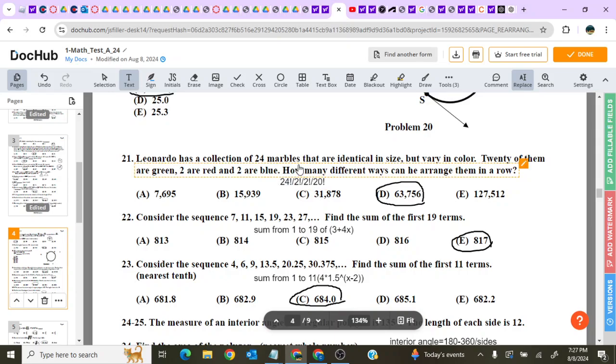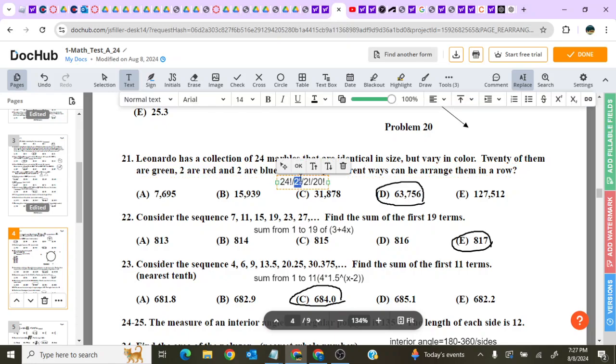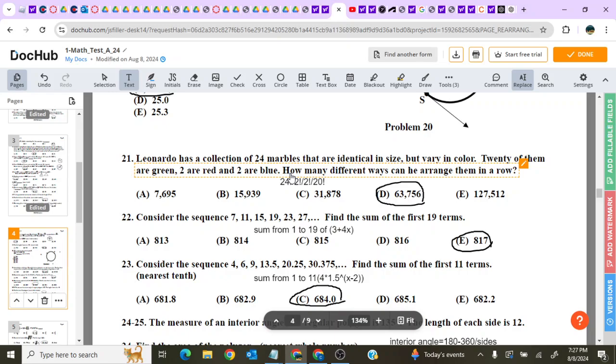However, because some of them are identical, the amount of ways they can show up that are distinguishable is cut down by the factorial of the number of the same color. Because if you imagine 2 red marbles, you couldn't tell whether the first red marble was first or second.